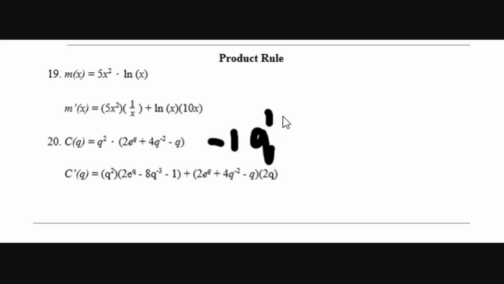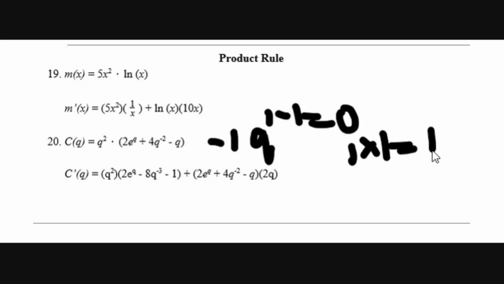So 1 minus 1 gives you 0. Forgive my writing, I know it's not good. But anyway, now the power is 0. And remember, anything raised to the power of 0 is 1. So q raised to the 0 power gives you a 1. Ultimately, you end up with -1 times 1, which equals -1, which is why the answer here is -1.